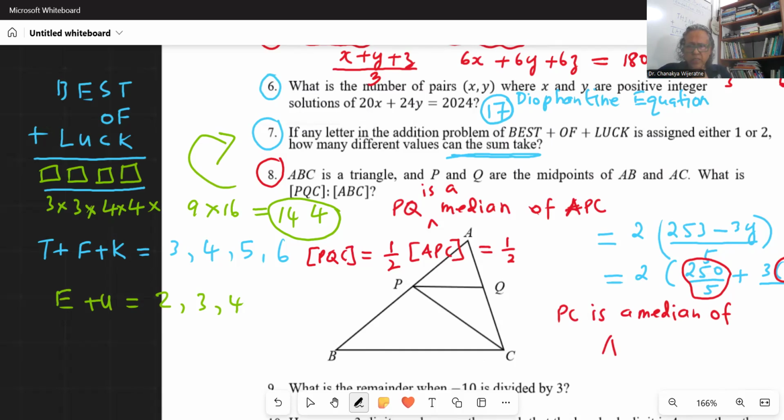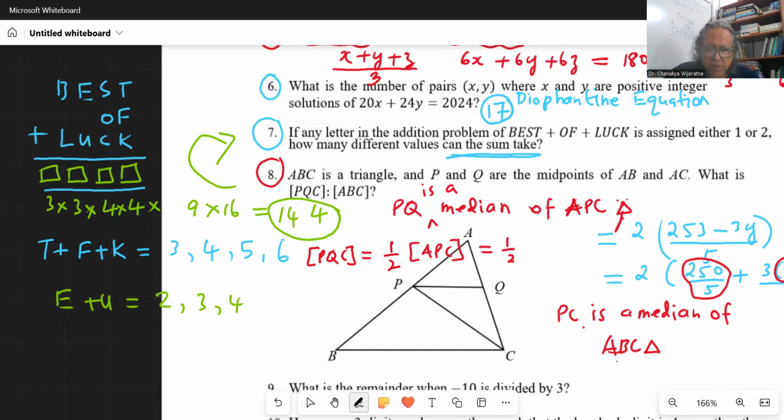So PC is a median of the ABC triangle, right? You can see where my thing is.